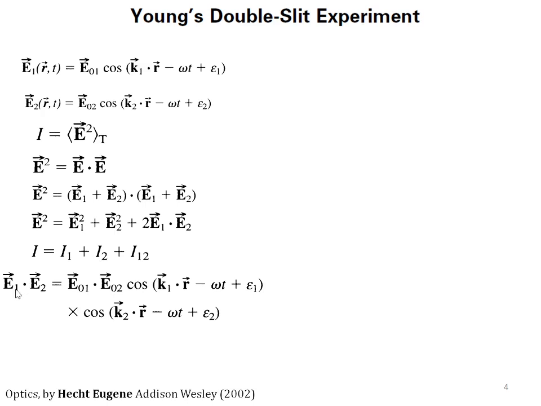So let us first try to calculate E1 dot E2. You know E1, you know E2, so you can evaluate this very simple expression, and I'm leaving it to you. It's given in this book, and you can find out how they have simplified it.